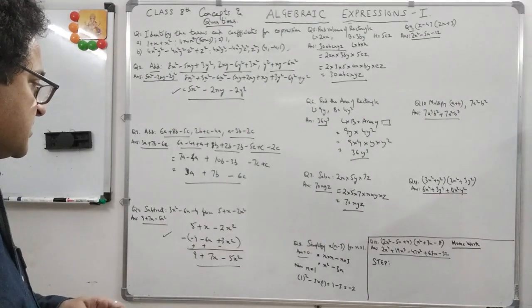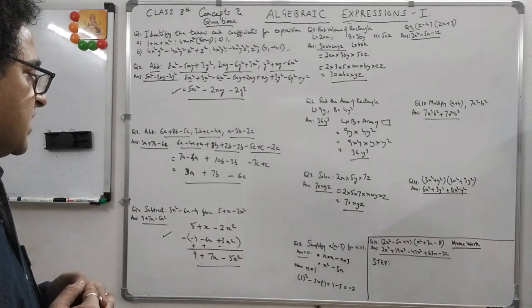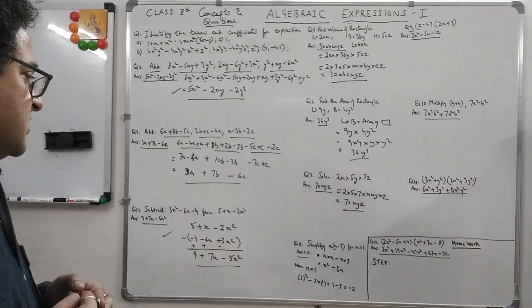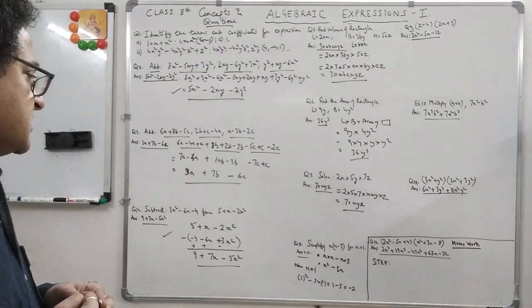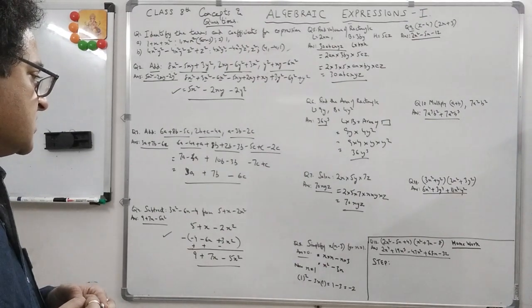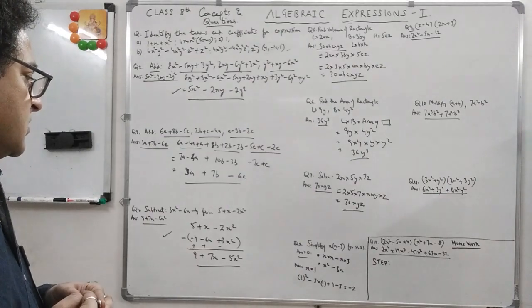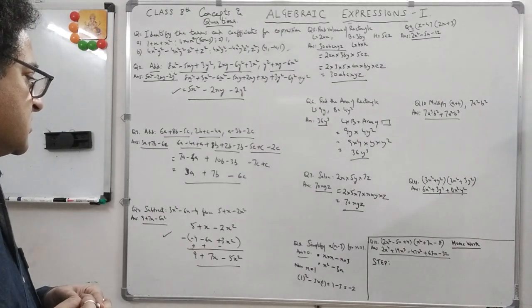But the given answer is 0. So what's the mistake we have done? x square minus 3x, so 3x is 3 into 1, and x is 1. 1 square minus 3 into 1 is 1 minus 3, which is minus 2.